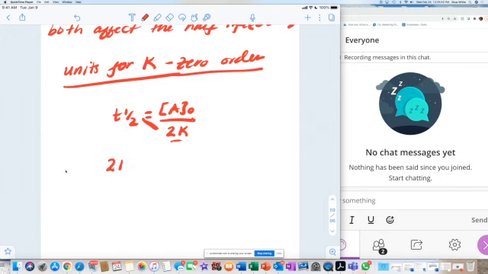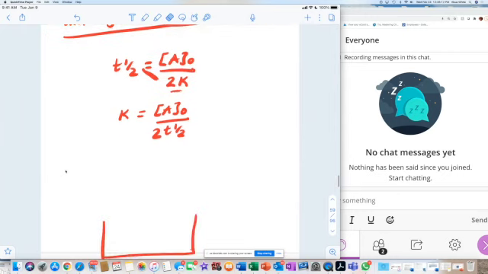So 2K equals A naught over T1/2. I can bring this 2 down here. Divide by 2, divide by 2. That gets rid of this right here. Okay, this is what I'm dealing with. Now I'm going to replace the units for A. A is a concentration, right? Because it has the brackets. So this part here is a concentration. Units are molar. Okay? And then T1/2.